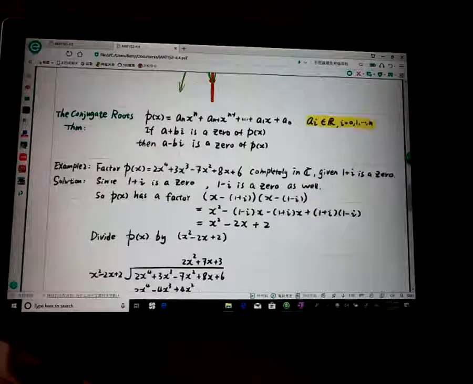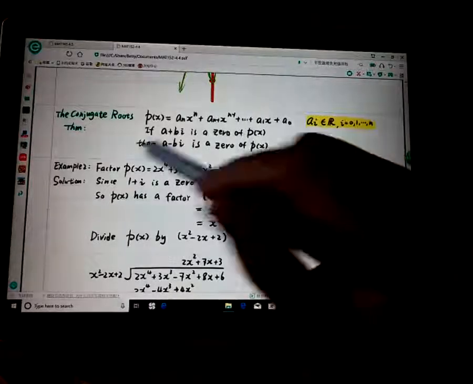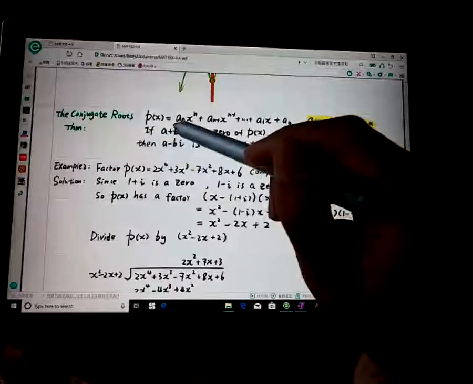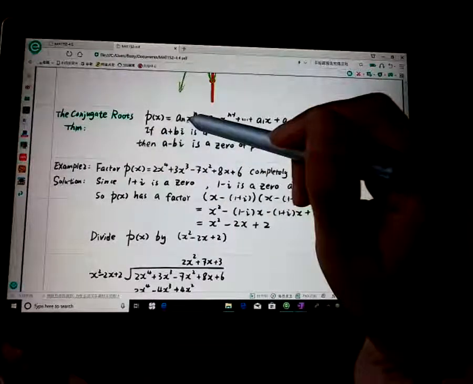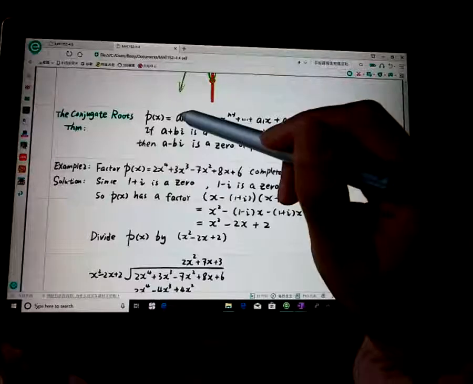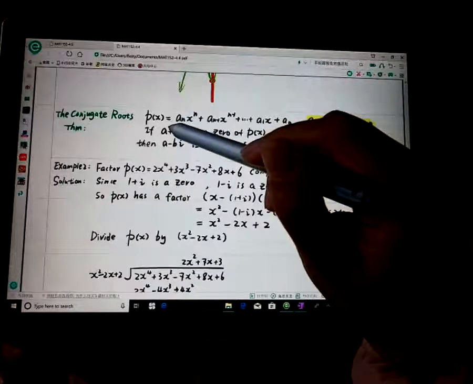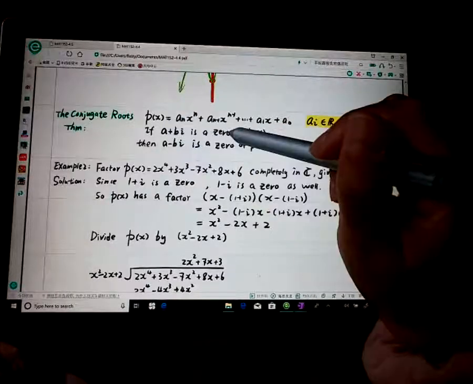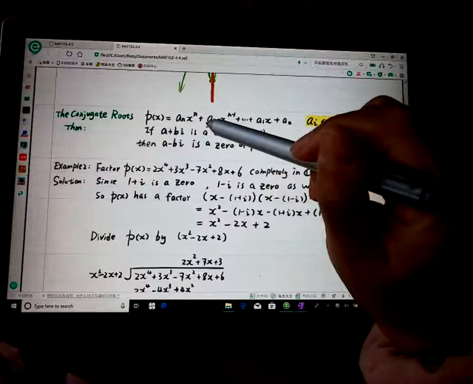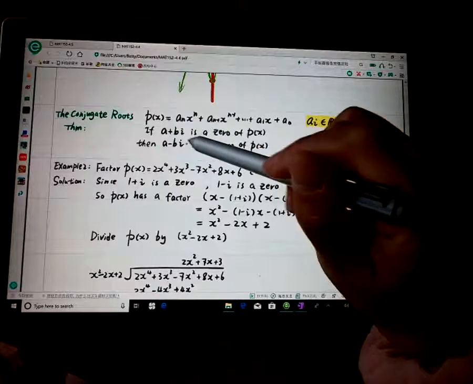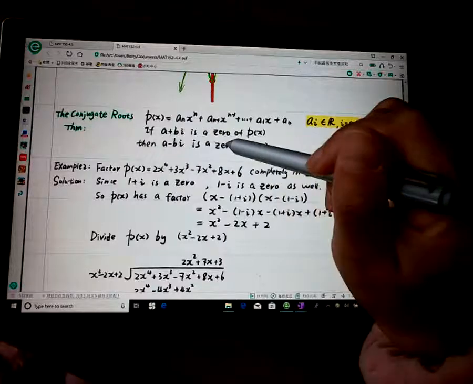Conjugate roots theorem. If we have a polynomial function with degree n, and all the coefficients are real numbers, suppose the function has a 0, a plus bi, then it has a minus bi as a 0 as well.